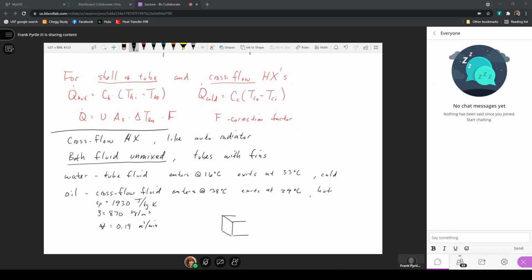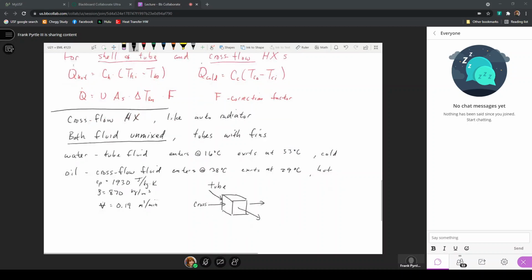Here we have the cross flow and the tube flow, where we consider that the tubes will be coming in from the back side and coming out the front side, like the schematic that we considered, and the cross flow is moving through the fins from left to right here. And I'm just drawing this so we can put these temperatures on the figure.